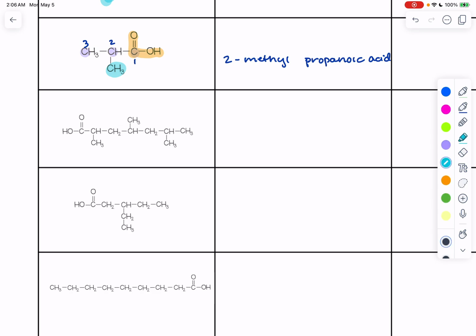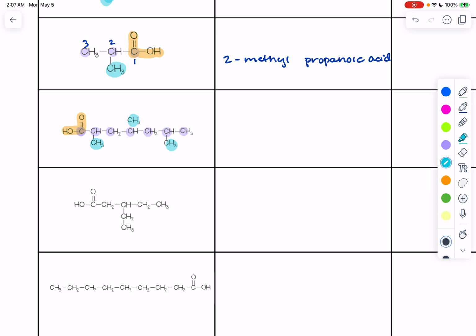All right, let's look at this next one. We're going to start down here with counting because this particular one has a carboxylic acid group on it that you see. So that one's 1, 2, 3, 4, 5, 6, 7. And then we have this and this and this sticking off of it.